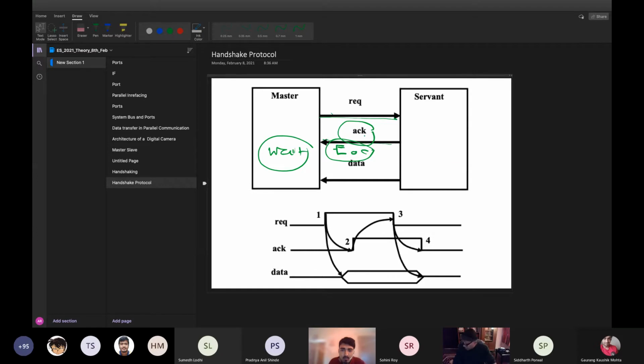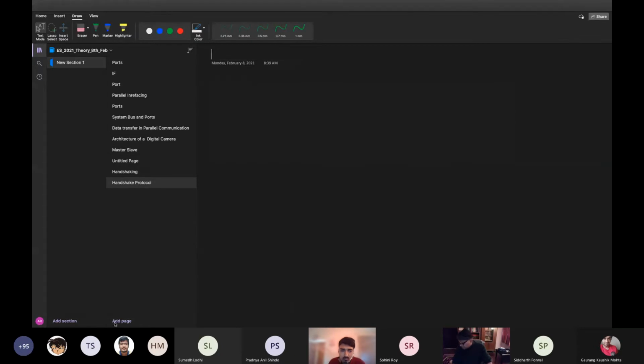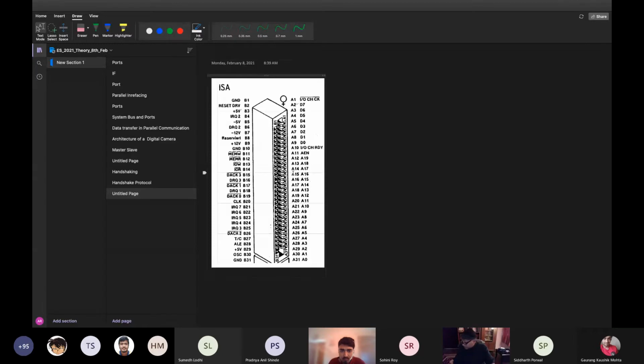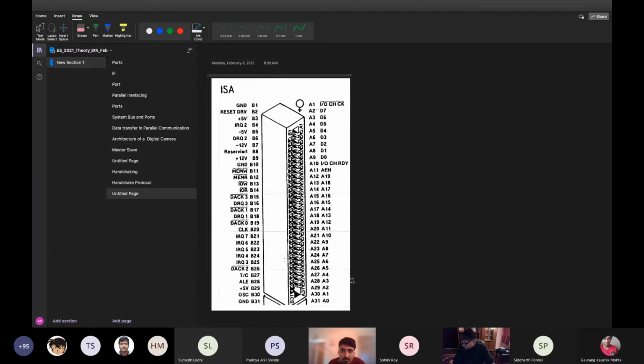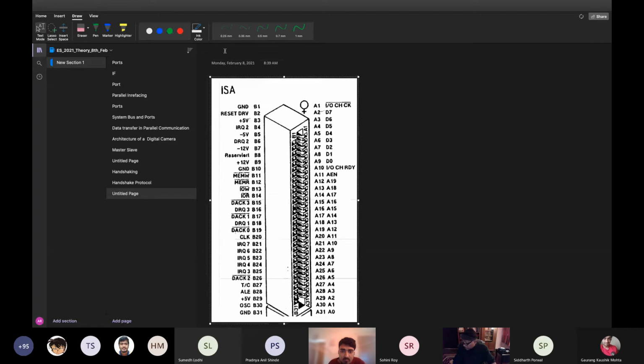One more homework for you is to find out the difference between an industry grade computer, an industrial computer, and a normal desktop which you are using. You look at this. This is called standard ISA, or industry standard architecture.